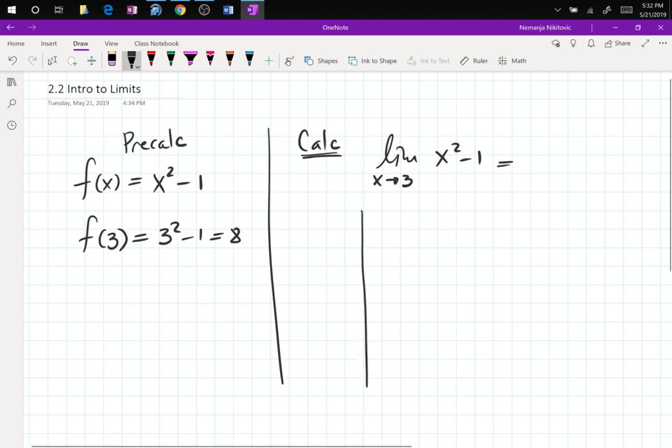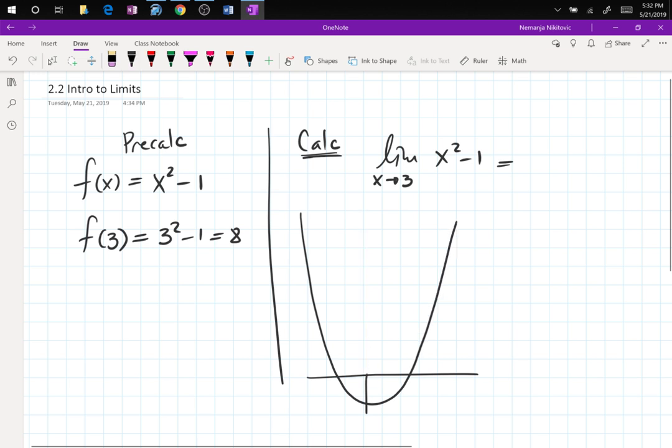So now, if I draw my x squared minus 1 parabola, and say this is negative 1, and let's say this is where 3 is.